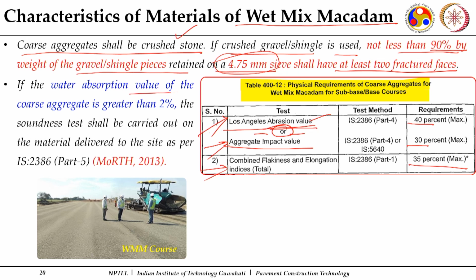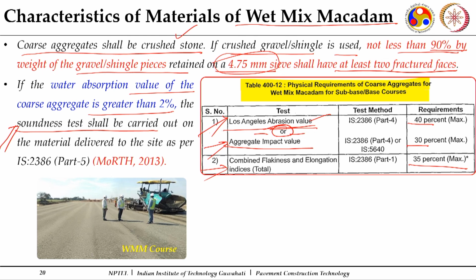And the other requirement, as mentioned, that if they have water absorption more than 2%, then we again need to go, here it says in addition to wet impact value, it is preferred to go for the soundness test. That soundness test can be done because with more water absorption, the aggregate may be more susceptible to degradation under your freezing and thawing conditions.